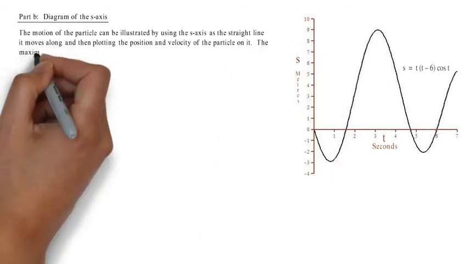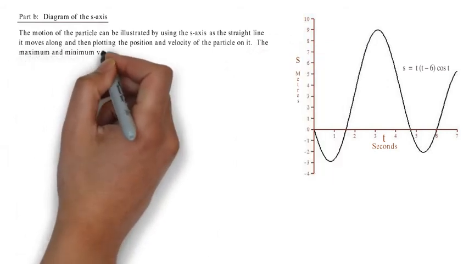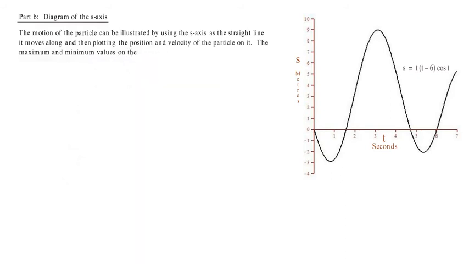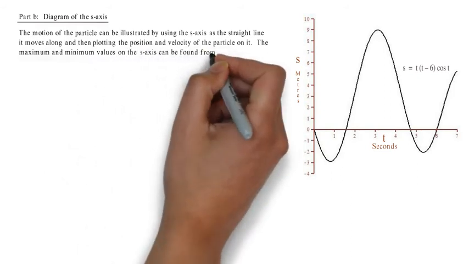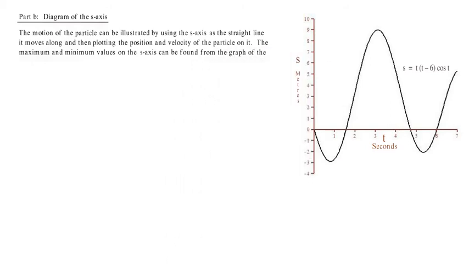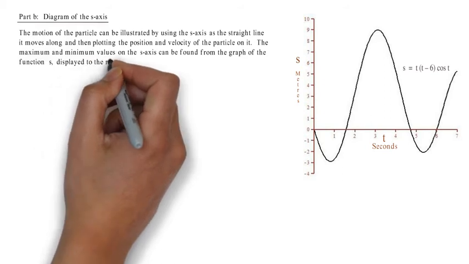The maximum and minimum values on the s-axis can be found from the graph of the function s displayed to the right.